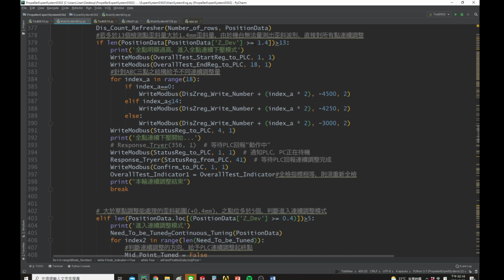We set, for example, 1.4 millimeter for the tolerance.